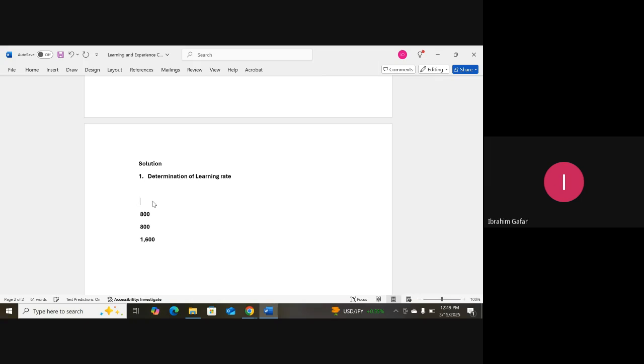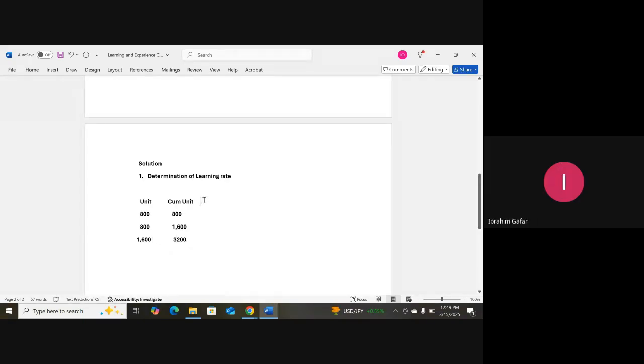Okay, let me put units, and I have cumulative units. So let's do it together. What's going to be here as my cumulative unit? 800. That is, I will repeat the 800. What's going to be the next one? 1,600. What's going to be here? 3,200.